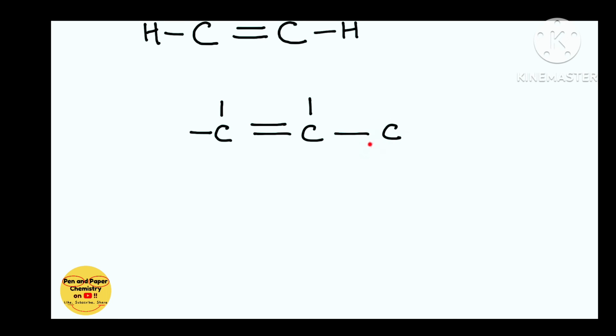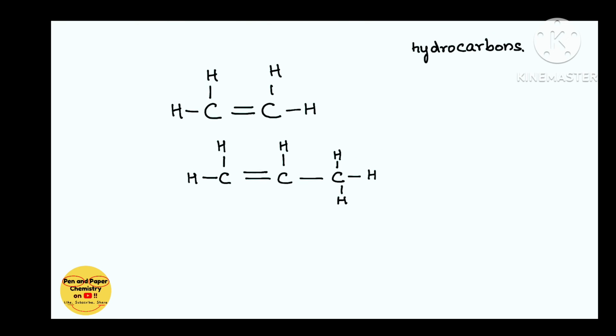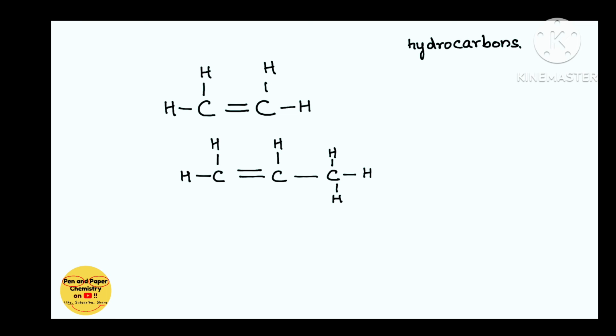What about this carbon here? Yes, it is going to be 1, 2 and 3. So H, H and H. Okay, next question. What is the difference in the atoms between these 2 compounds? Okay, so they differ in 1 carbon.